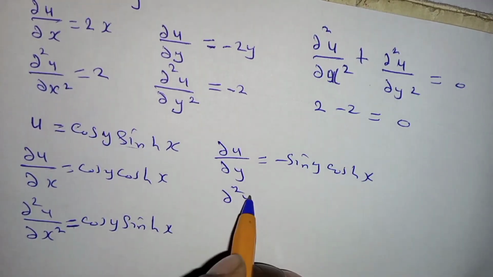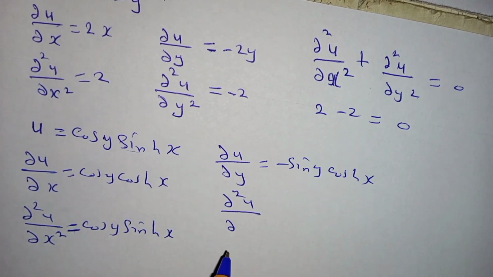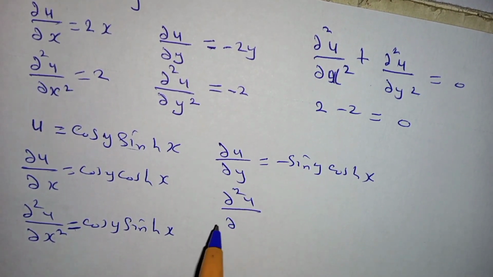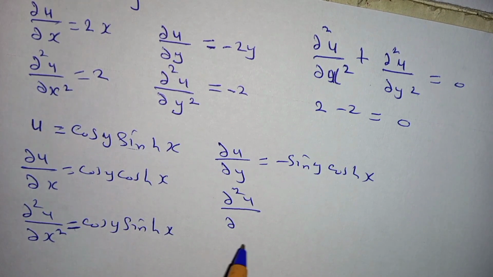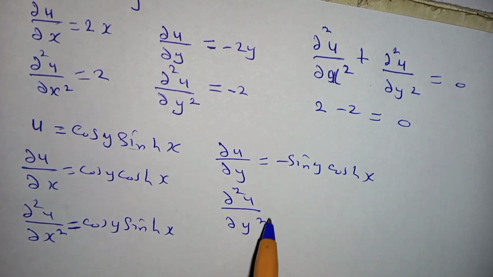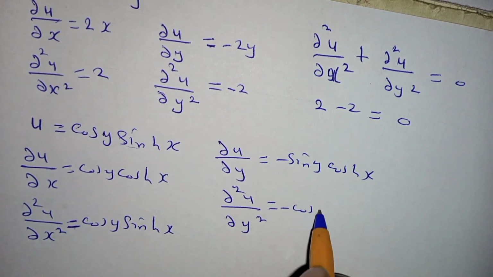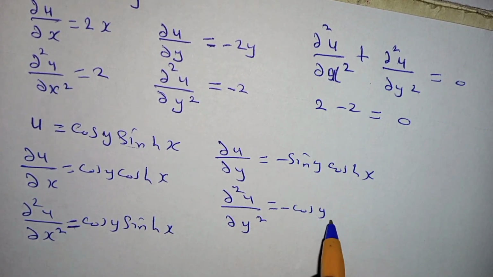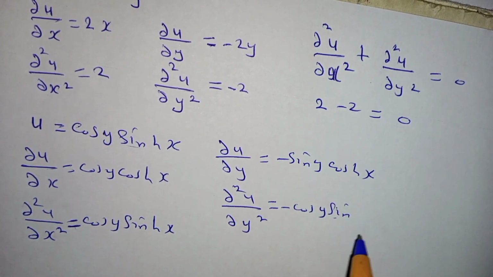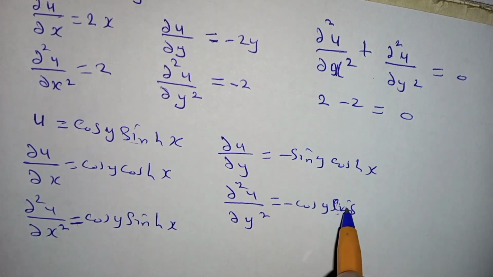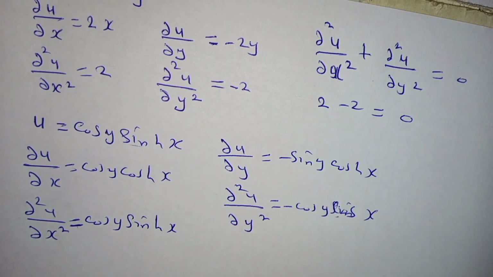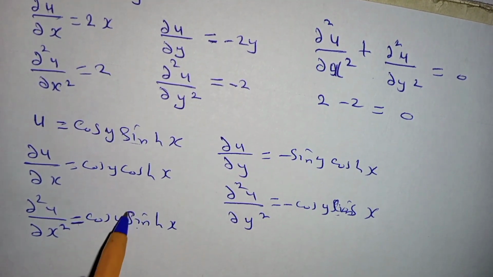Then the second derivative of u with respect to y is going to give you negative cos of y multiplied by hyperbolic sine of x.